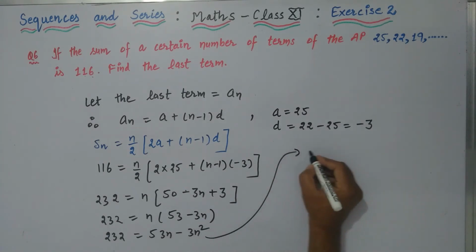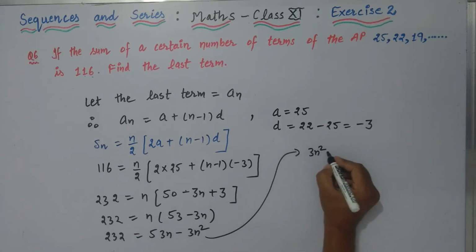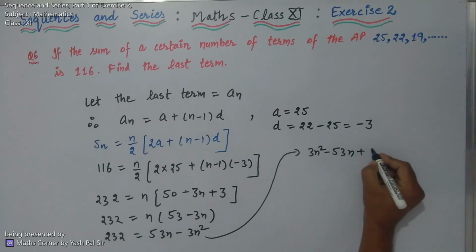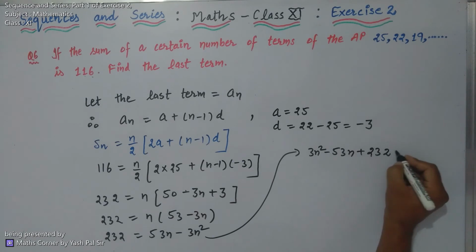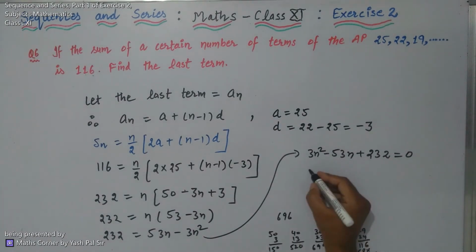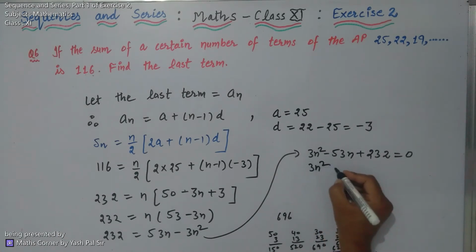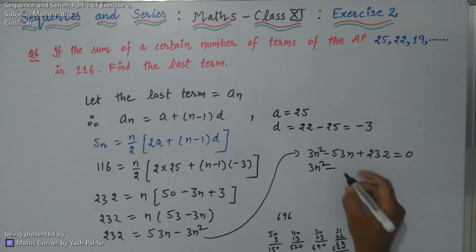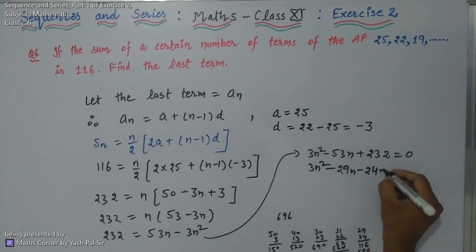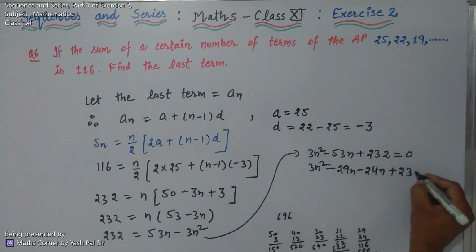So from here, 3n square minus 53n plus 232 is equal to 0. So from here we can say 3n square minus 29n minus 24n plus 232 is equal to 0.